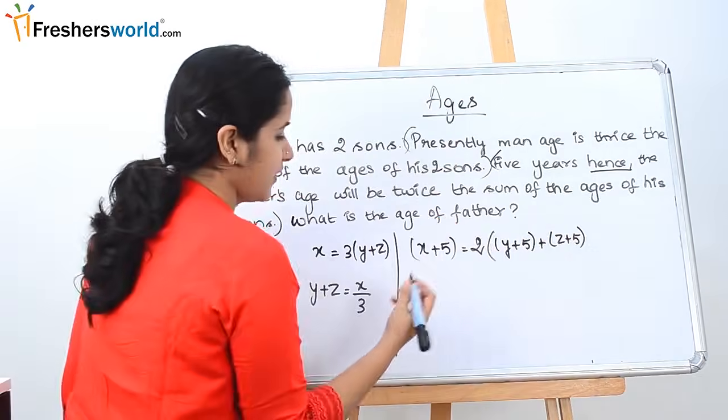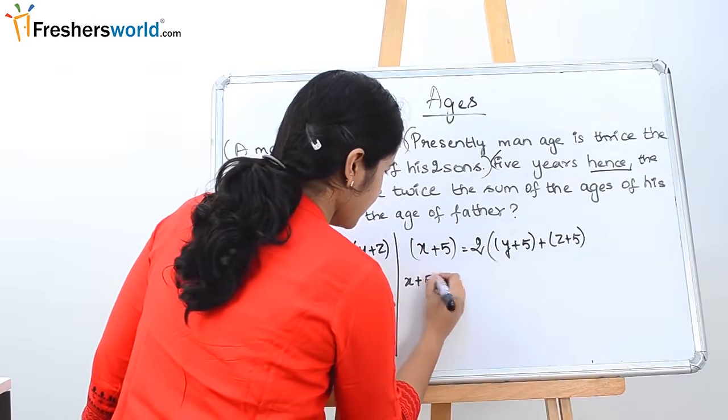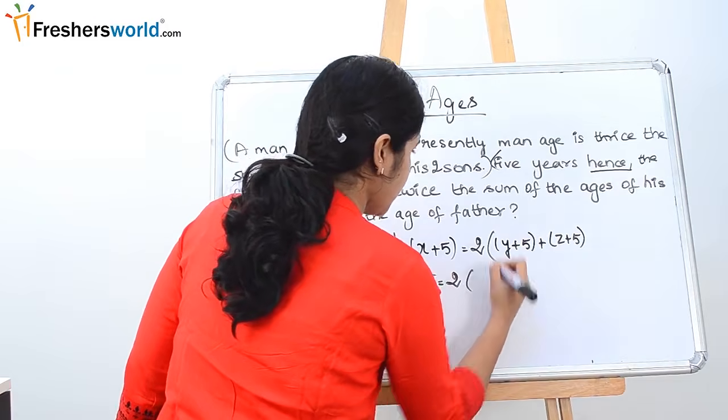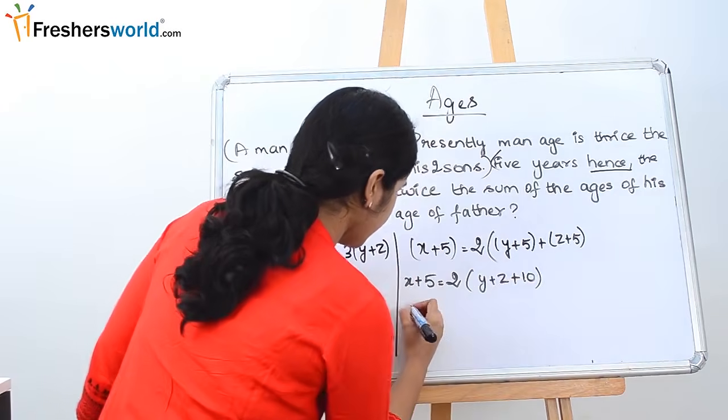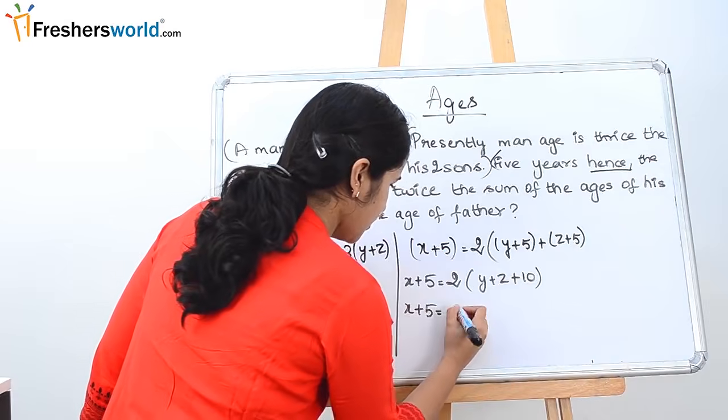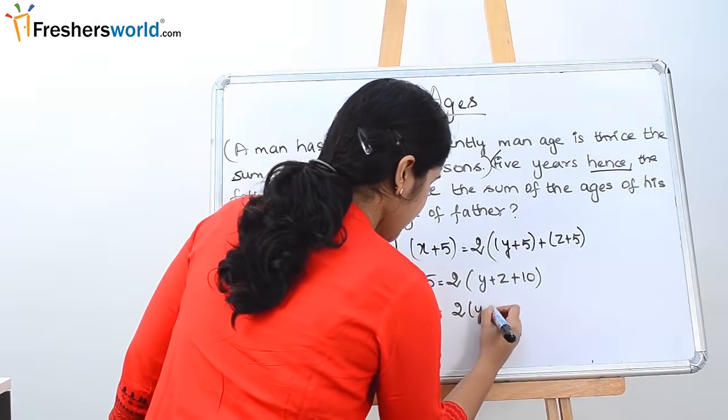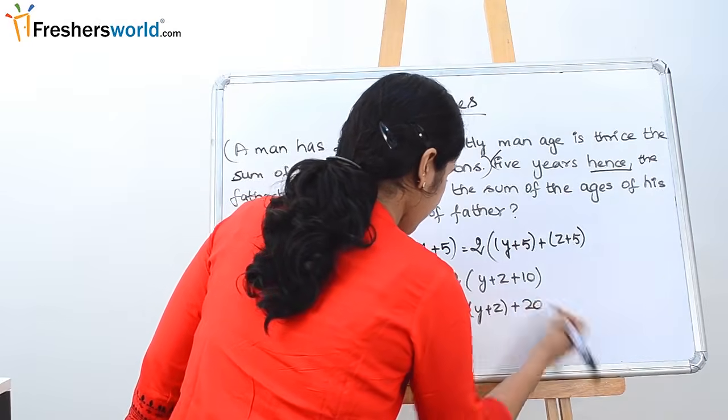So, let's just simplify it. So, X plus 5 is equal to 2 into (Y plus Z plus 10). So, this can be rewritten as X plus 5 is equal to 2(Y plus Z) plus 20.